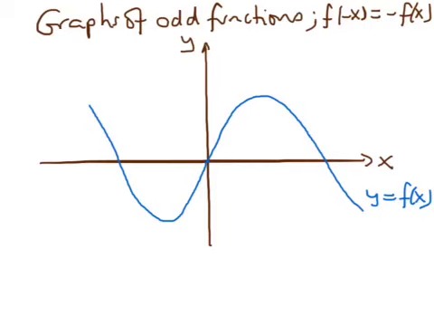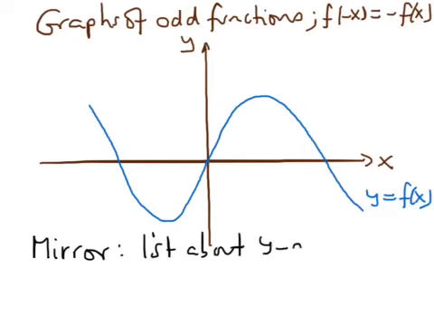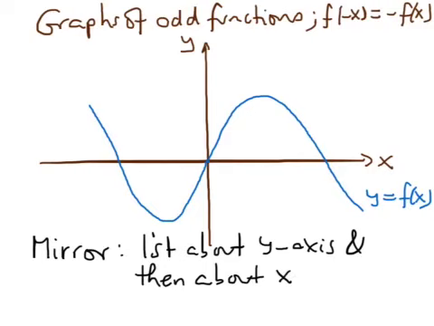So this is mirrored in a two-step process. So mirror first about, say, the y-axis, and then about the x-axis.